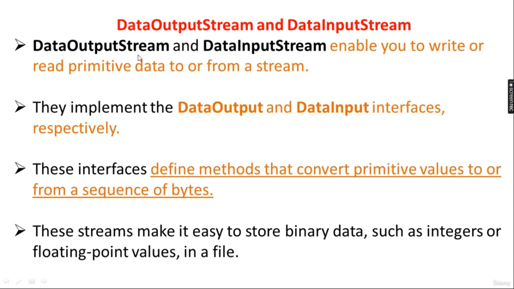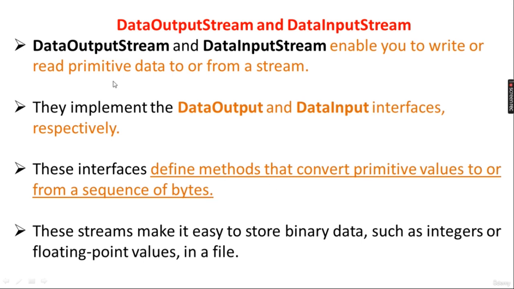Next is DataOutputStream and DataInputStream. They enable you to write and read primitive data to or from a stream. They implement the DataOutput and DataInput interfaces respectively. These interfaces define methods that convert primitive values to or from a sequence of bytes.